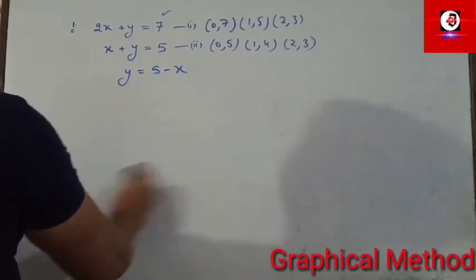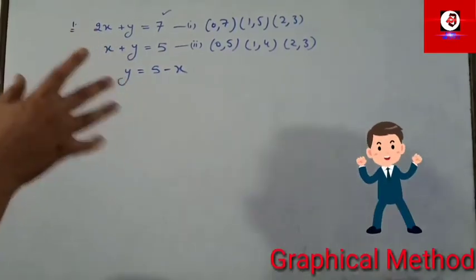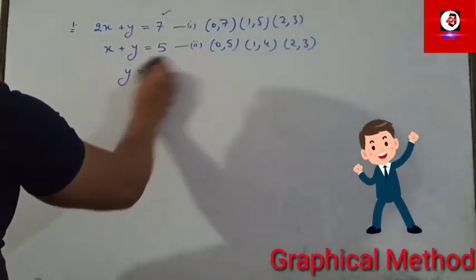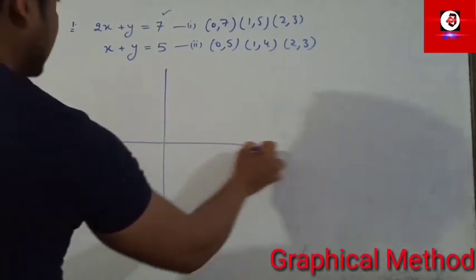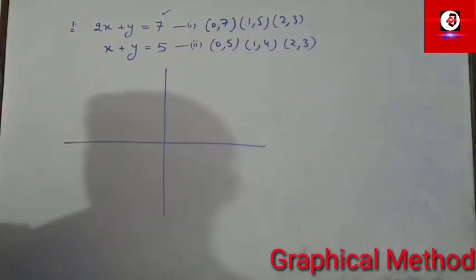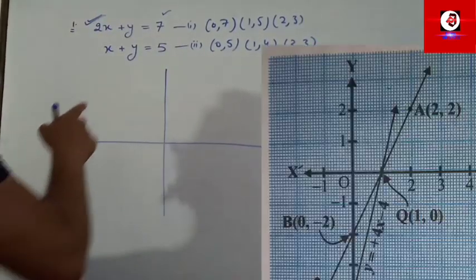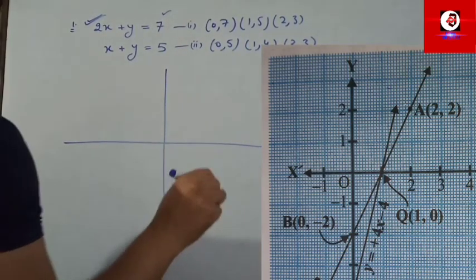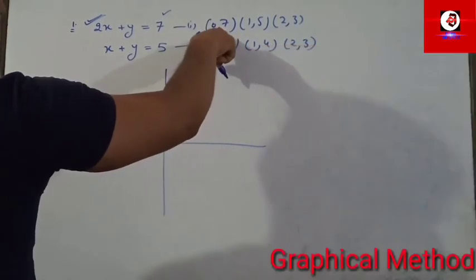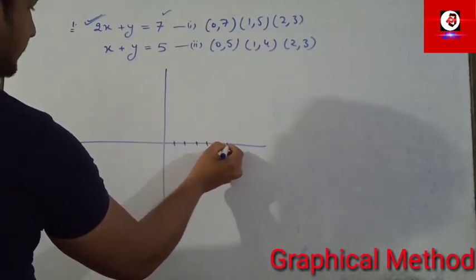So this method is 90% complete, and in the last we will plot these 3 coordinates on the graph. First of all we will represent the first line on the Cartesian plane. First of all 0, 7. 1, 2, 3, 4, 5, 6, 7.